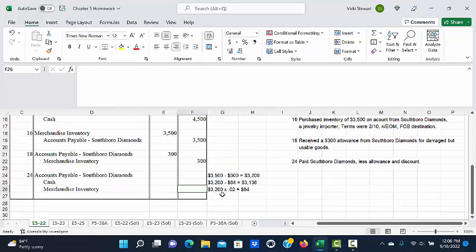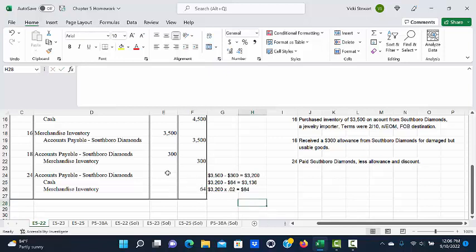So let's first calculate the discount. The net amount of the invoice after the allowance is $3,200. So multiplying that by 2% gives us $64 for the discount. So to record that, we would credit merchandise inventory for $64.